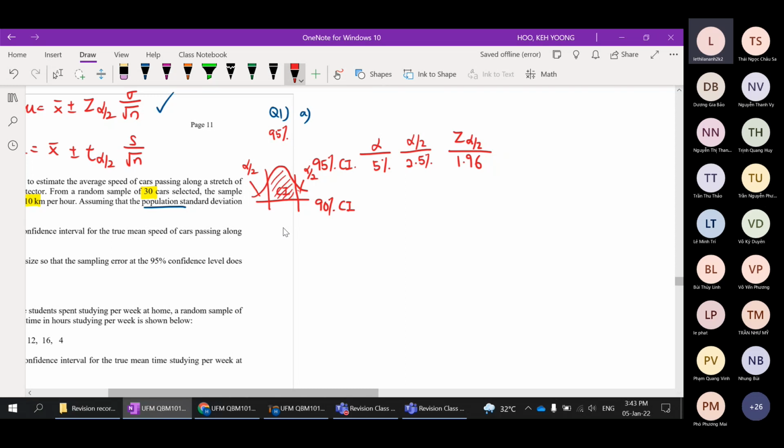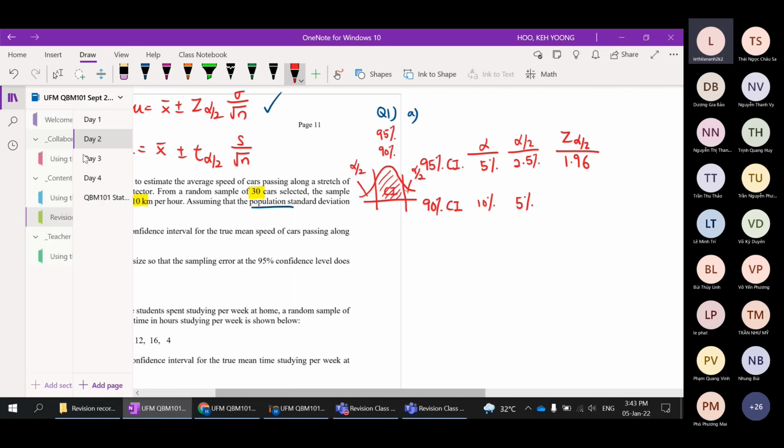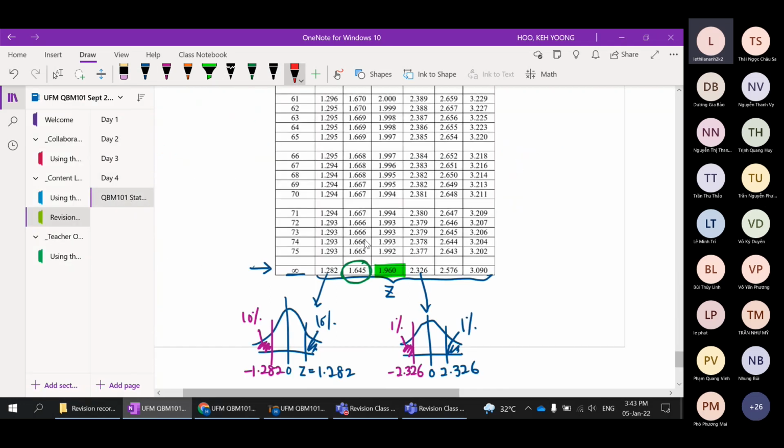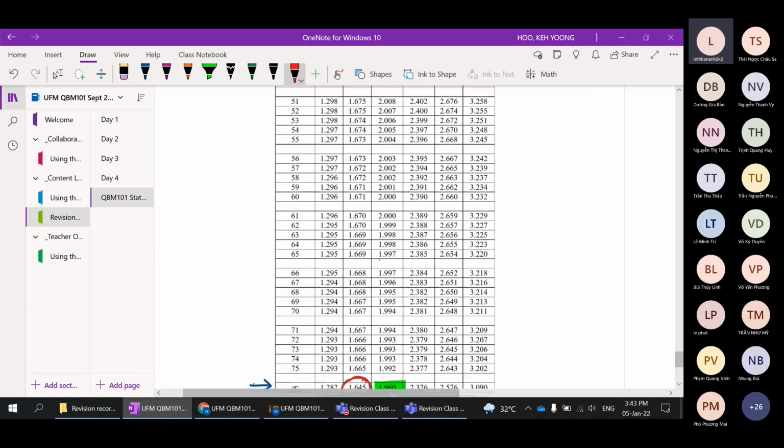If the area in the middle is 90%, what is the remaining area? The remaining area is 10%. When you divide by 2, you get 5% on each side. So where is the Z value then? The Z value for 5%, which we have been using just now, is 1.645.